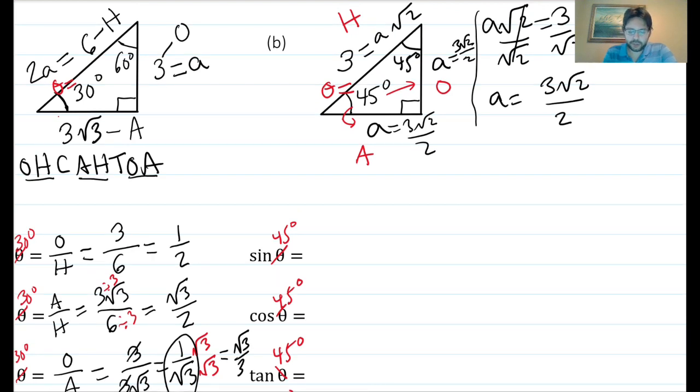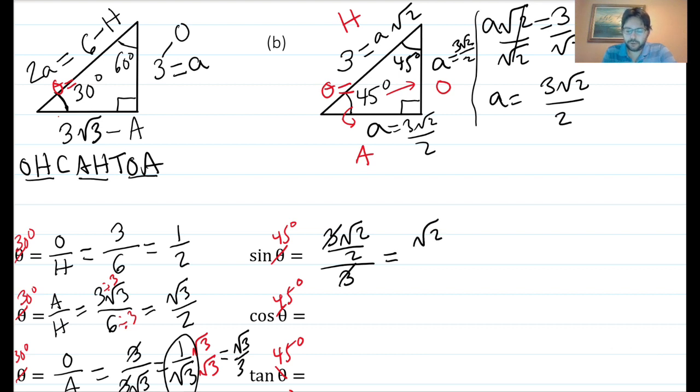So that means it's going to be 3 square root of 2 over 2 over hypotenuse. And in this case, the hypotenuse is 3. And so what happens here is that the 3's cancel, leaving us with just square root of 2 over 2. So that's it.